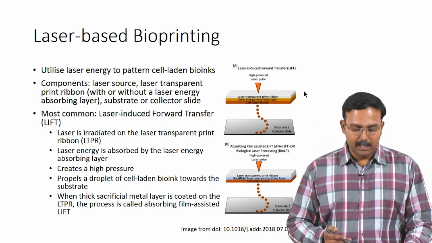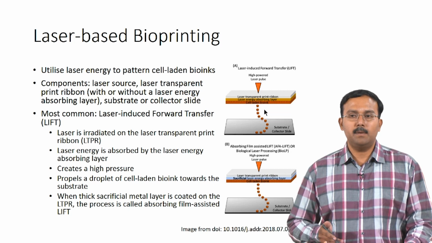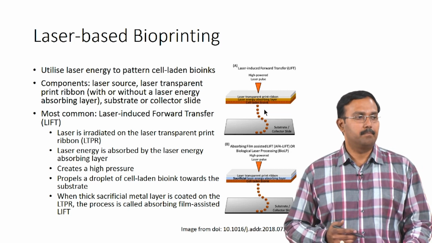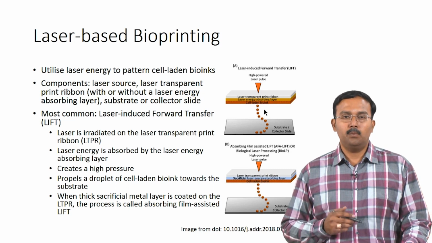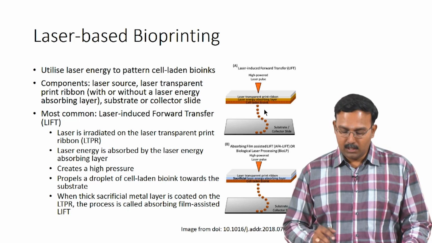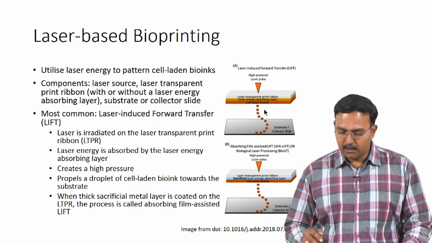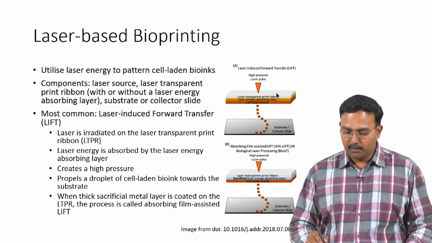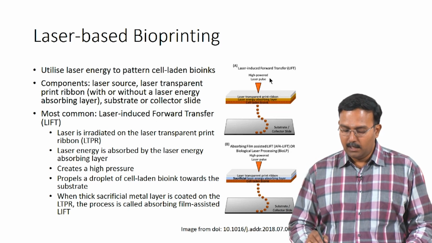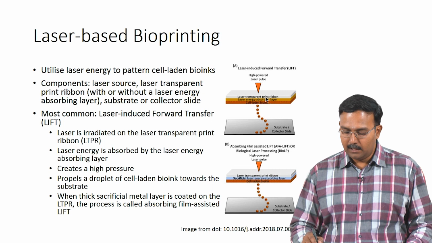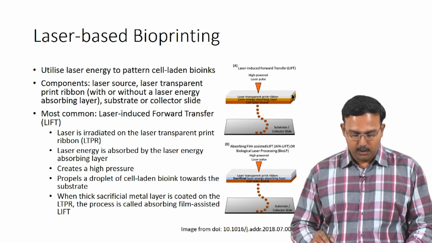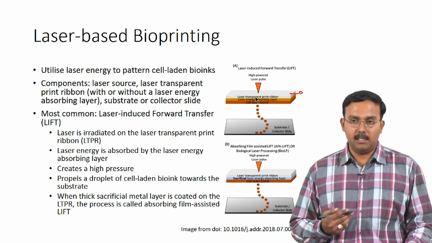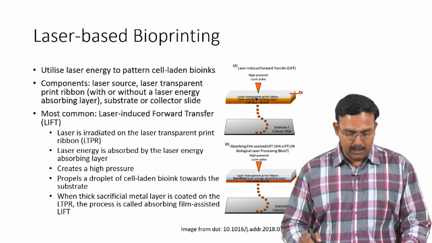The most common technique used in laser based bioprinting is laser induced forward transfer, or LIFT. Here, the laser is irradiated on this laser transparent print ribbon. You have the laser which falls on the transparent ribbon, and a laser energy absorbing layer which absorbs the laser energy, and below it is the cell laden bioink.